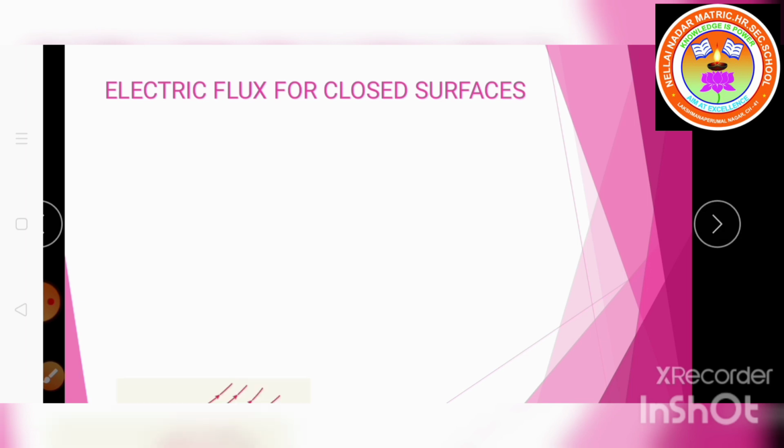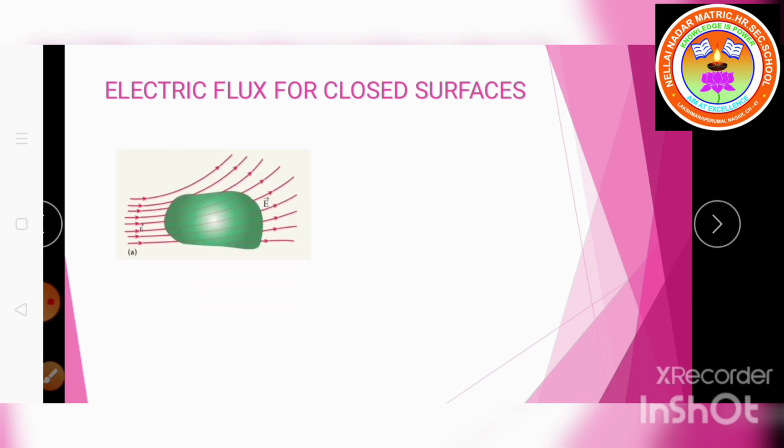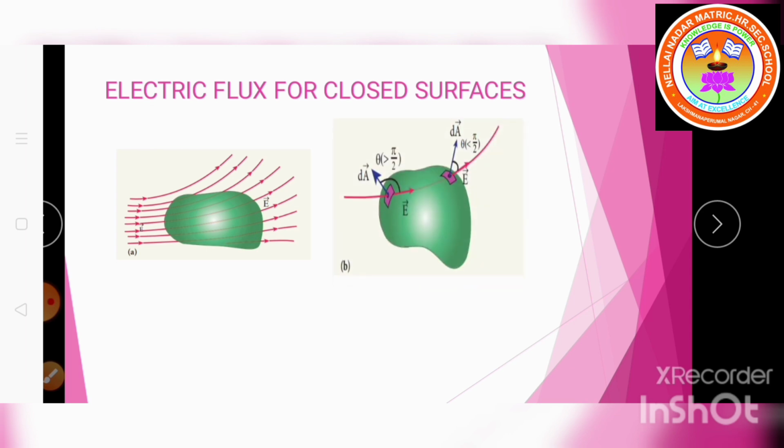Now I am going to take the surface as a closed surface, when this closed surface is present in the region of a non-uniform electric field. Here also I am going to take a non-uniform electric field. In this, listen, for the non-uniform electric field, if we calculate the total electric flux, we will get the formula.